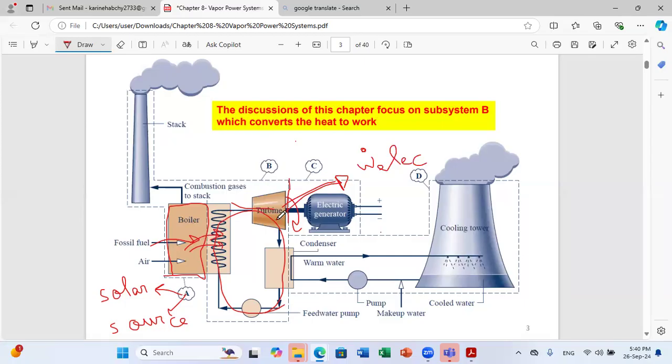And after producing this work, you need to have a cycle that will be repeated. That's why your refrigerant will pass through another heat exchanger where it will release a certain amount of heat. We will understand this when we study the cycle. So here you have Q dot out.